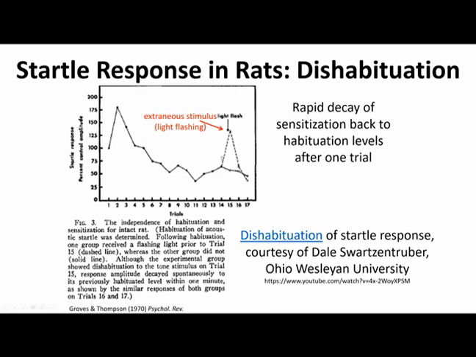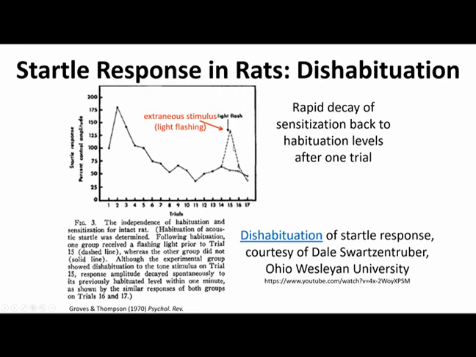The part we're going to focus on this time is that for those rats who have been exposed to a secondary stimulus, here a flash of light, we see that their startle response to the tone that they have been habituating to shows an aggressive response, that dishabituation or a resurgence of the startle response.